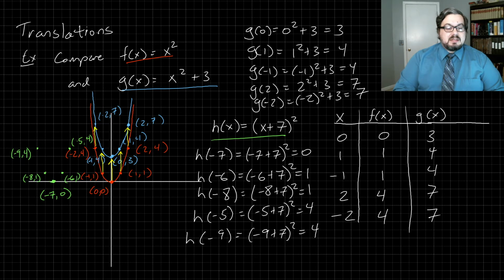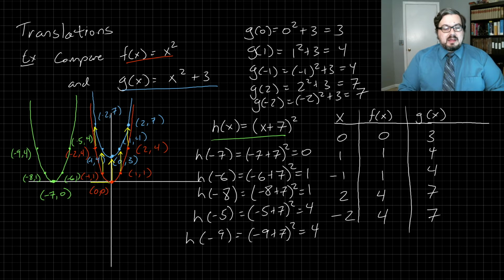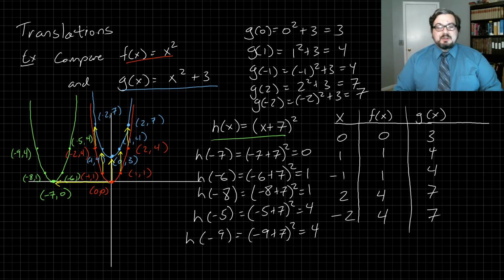And so what we see is that the graph of h is, in fact, a shifted version of the original graph of the function f. Only in this case, it's been shifted to the left. Every point has been shifted to the left by 7 units. The point 0, 0 has made its way over to the point negative 7, 0.